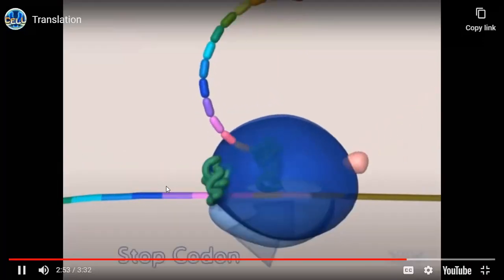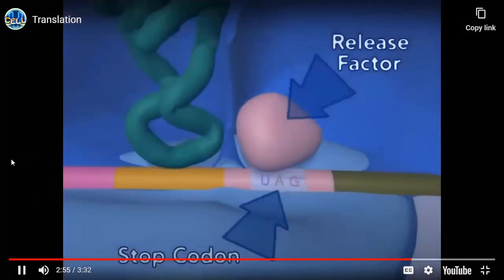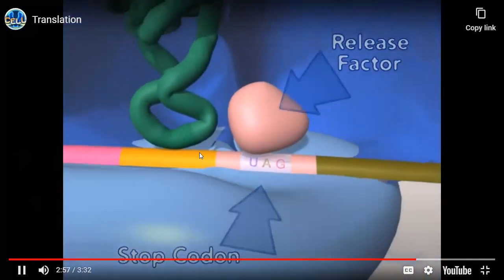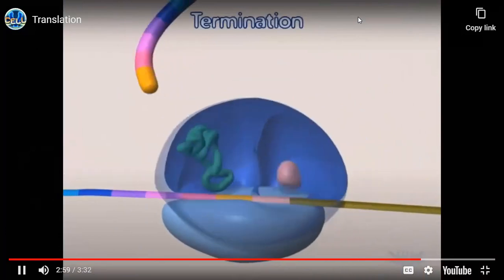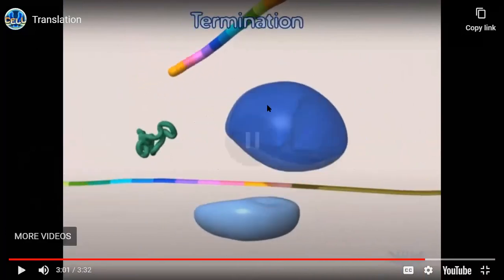When a stop codon is encountered in the A site, a release factor enters the A site and translation is terminated. When termination is reached, so this is the ribosome, tRNA, and here is the mRNA, okay? They will move until they finish the whole gene.